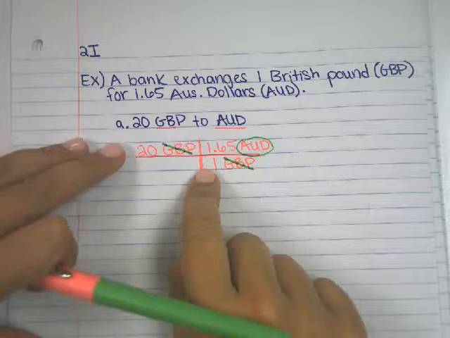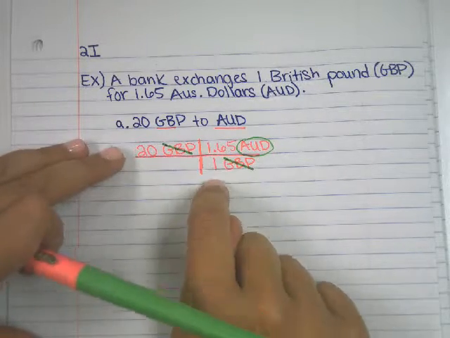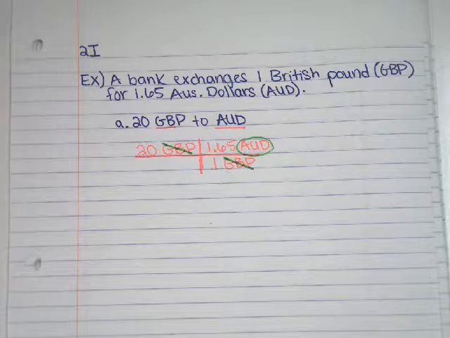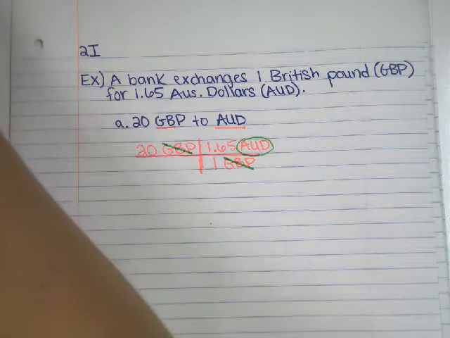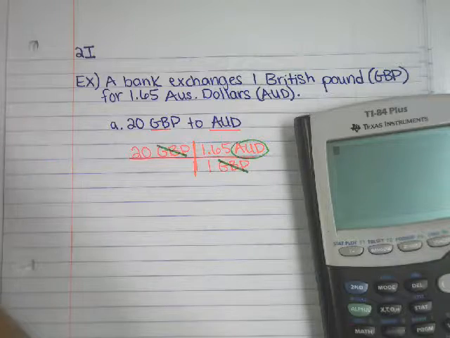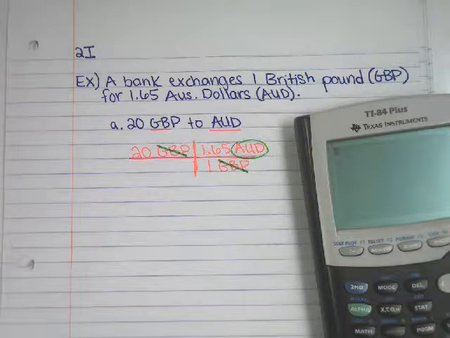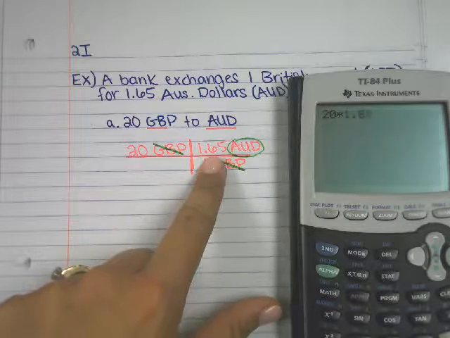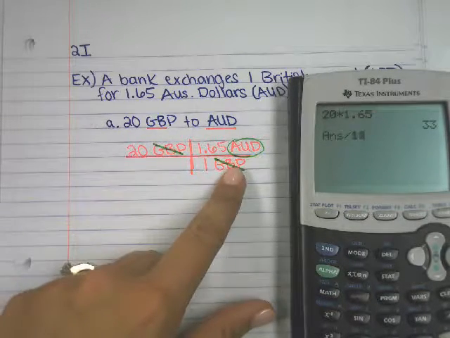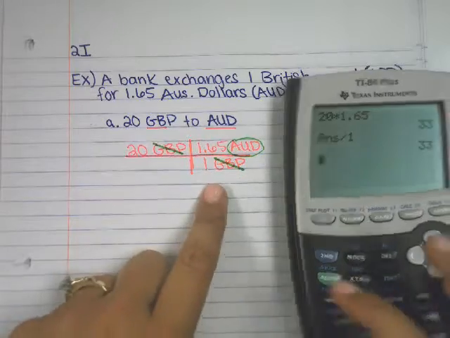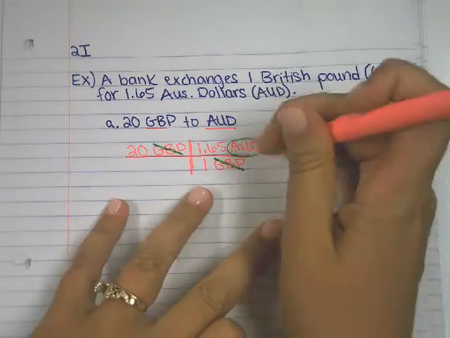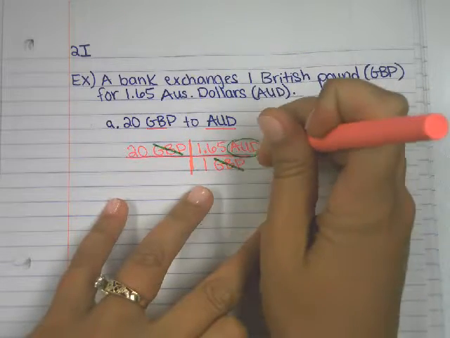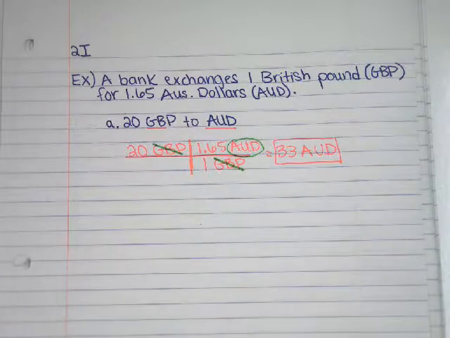If there were a number on the bottom, you divide down. So we'd multiply, divide by 1. Dividing by 1 doesn't do anything, so in this case, we really have to just worry about the tops. So I'm going to take my 20 times 1.65. You can divide by 1 if you want, but nothing happens. And so this bank would give us 33 AUD, Australian dollars.